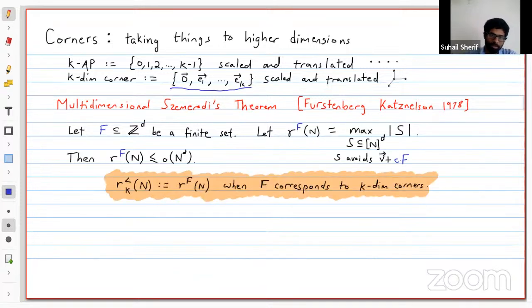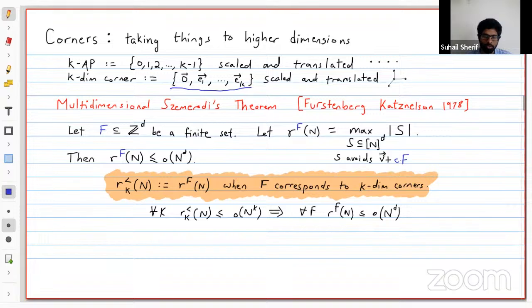Let's use a notation similar to the AP notation: when F is actually a k-dimensional corner, we'll put a corner symbol in the superscript and k in the subscript to denote k-dimensional. If you can prove that just for corners the statement is true, that corners alone need sub-constant density, then in fact you have proven it for all shapes. So even though this multidimensional Szemerédi theorem sounds more general, it's sufficient to prove it just for corners in order to prove the whole statement.